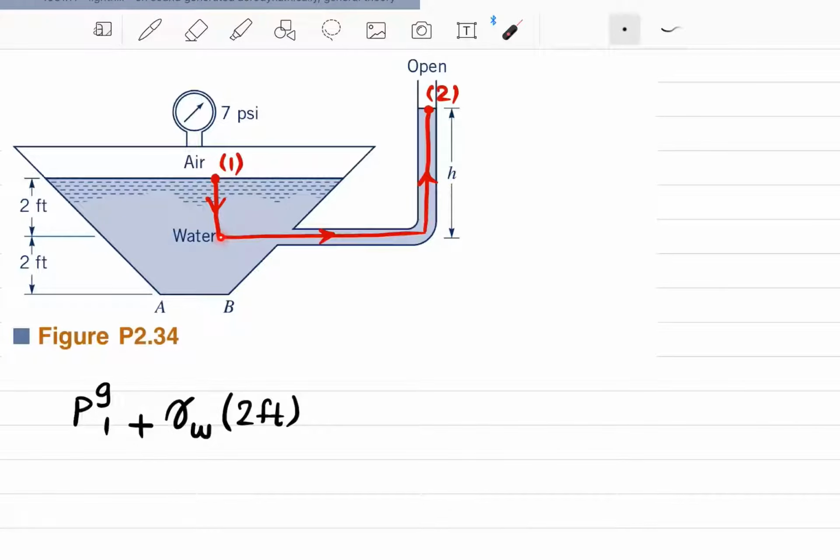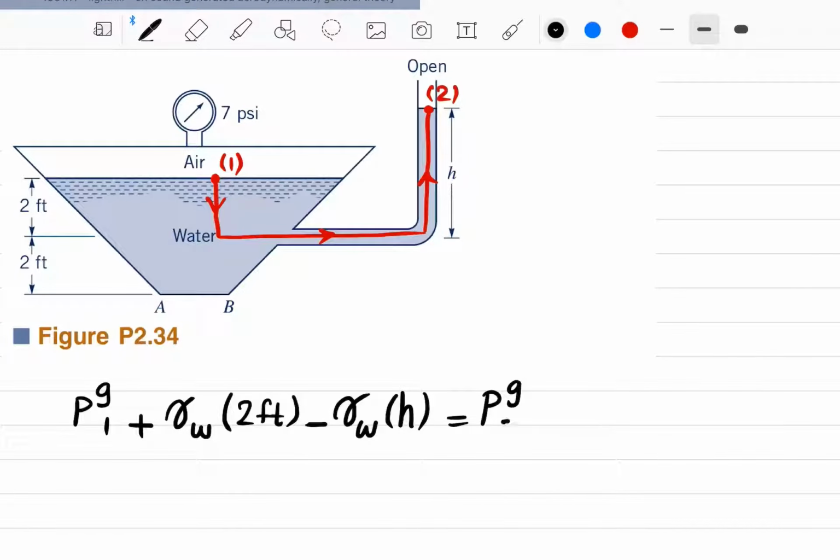As we move along this line, the pressure is constant because the specific gravity of water is constant, and also H is constant. Then from this point, as we move upward, since H decreases, the pressure would decrease as well, so it would be a negative sign, minus gamma of the fluid that we're moving through, which is water, times this distance, which is H, would be equal to the gauge pressure at point 2.